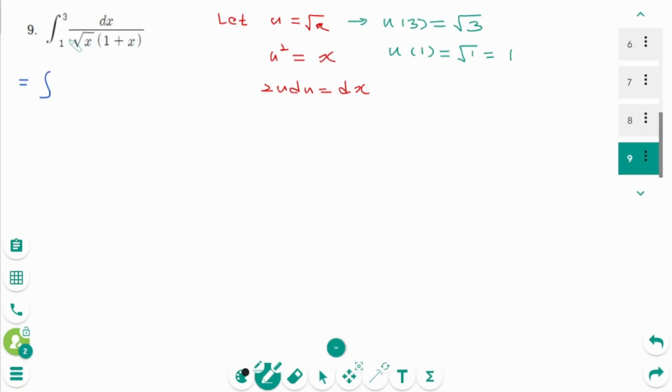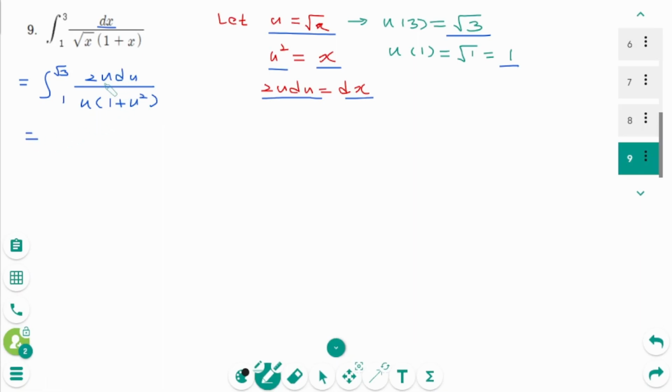The integral, the upper limit is square root of 3 now, the lower limit is 1. Then dx is 2u du over square root of x, which is u. Open the bracket, 1 plus x is u squared.